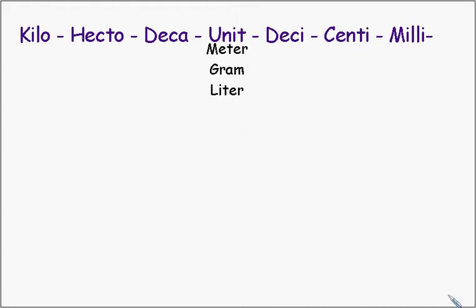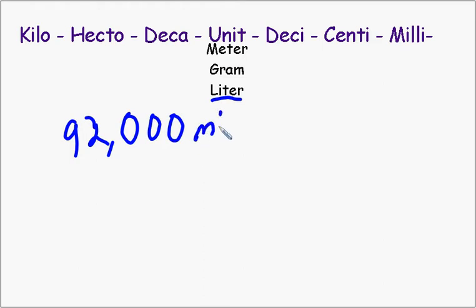Let's do another one. Let's say I had 92,000 milliliters, and I wanted to change that to liters. So 92,000 ml equals blank L. I'm going to move my decimal point to the left a certain number of places because I'm going from milliliters to liters.